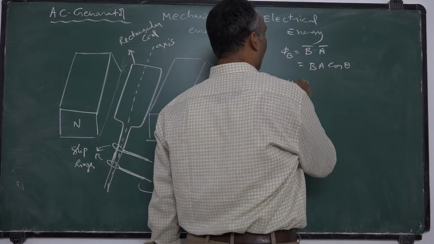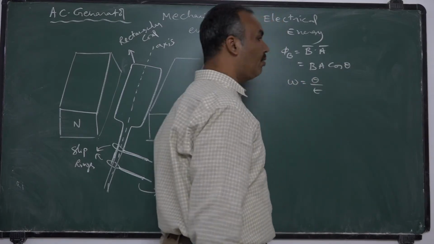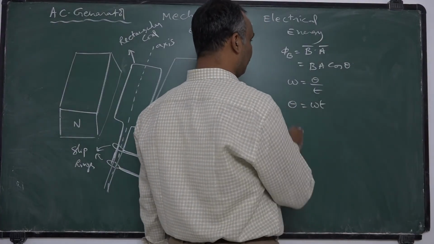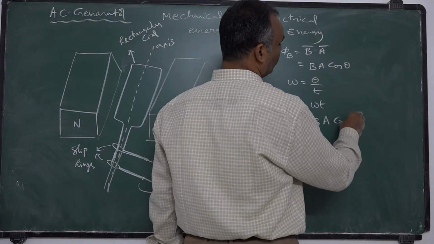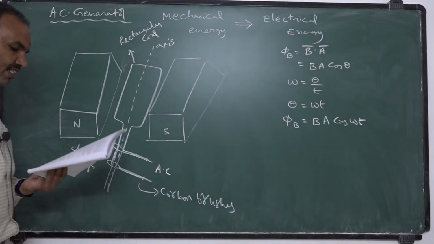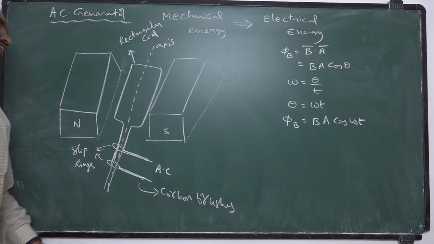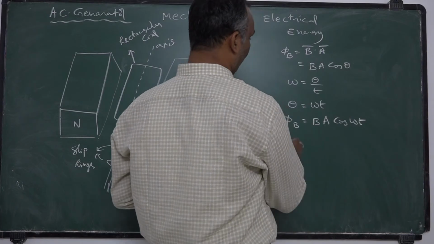Here, as the coil is rotating with angular velocity, which is defined as angular displacement by time taken, angular displacement can be taken as omega t, then flux developed is BA cos omega t. As this flux is changing with respect to direction between magnetic field and area, you will get some EMF developed.